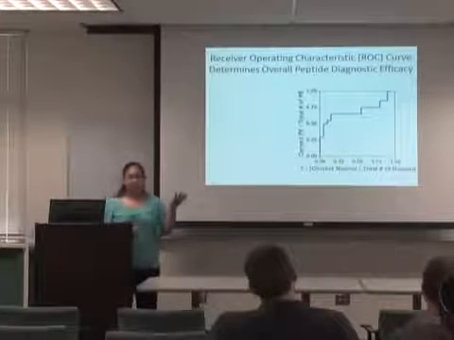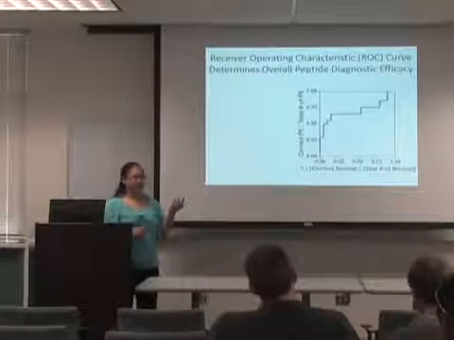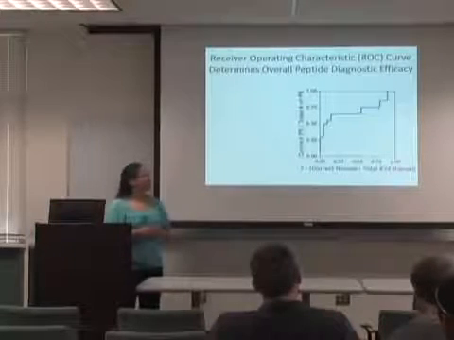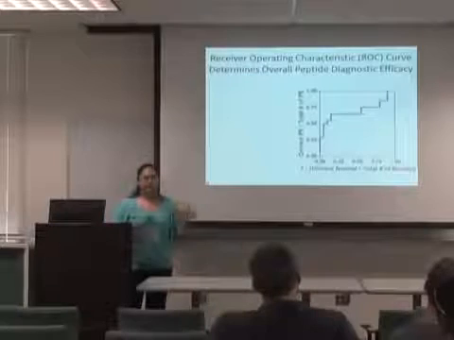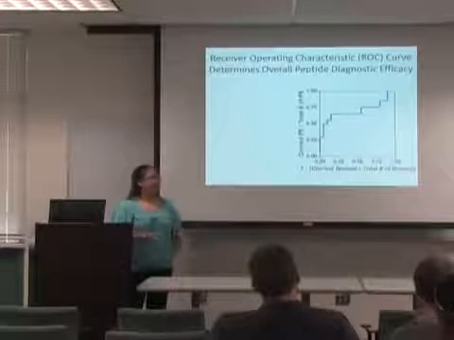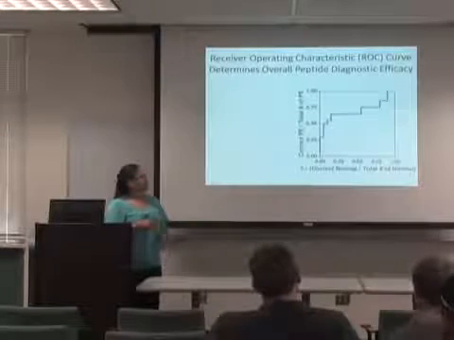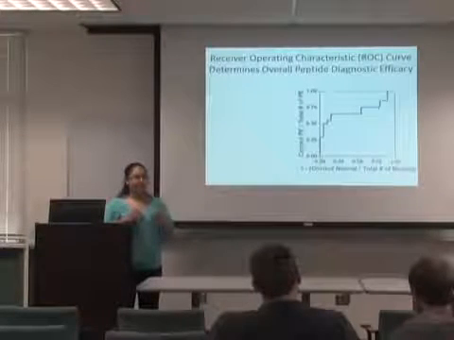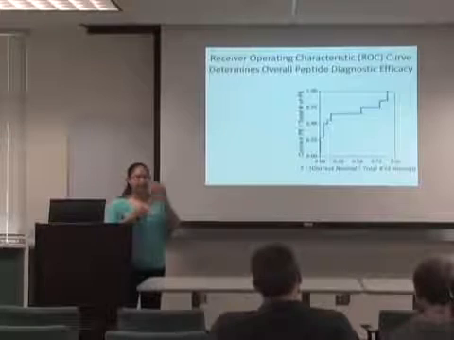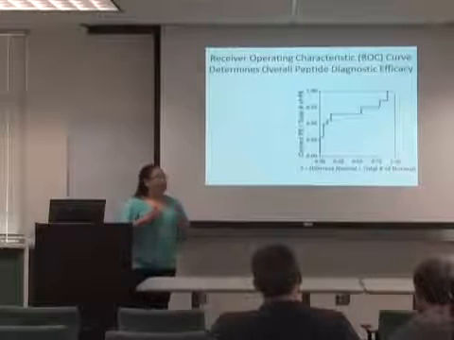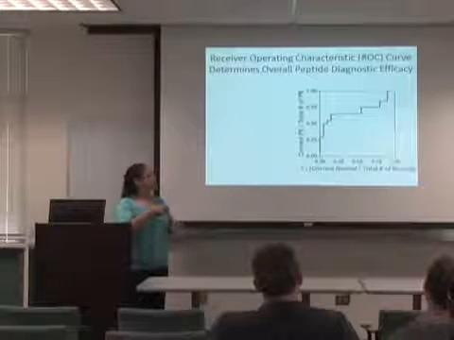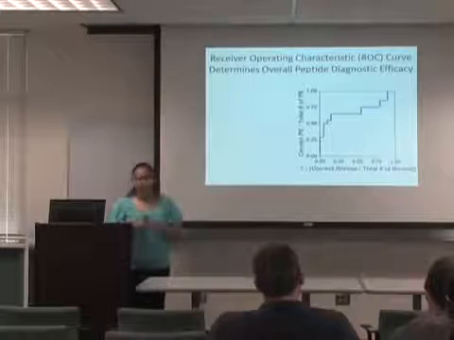So for those of you who are unfamiliar with this curve, this is a receiver operating characteristic curve, or a ROC curve. And its purpose is to tell us the overall diagnostic use of our peptide. So the curve is generated by having multiple fluorescent cutoffs and determining how many preeclamptic patients fall above the cutoff and how many normal outcome patients fall below the cutoff, thus giving it this stepwise shape.